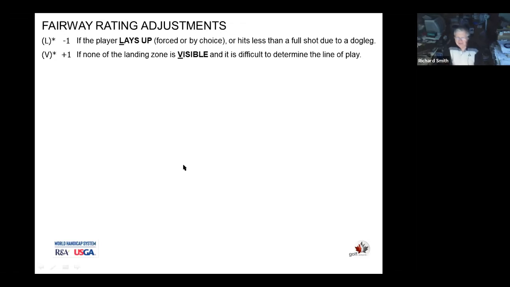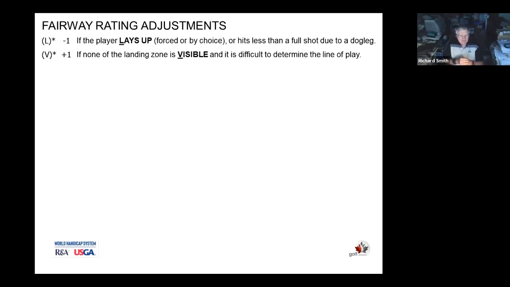Okay, the visibility. A V+1 can be applied if no part of the landing zone is visible and it is difficult to determine the line of play. Now, it's important to note here that there are many cases where you can't see the landing zone, but you can still quite easily determine the line of play.